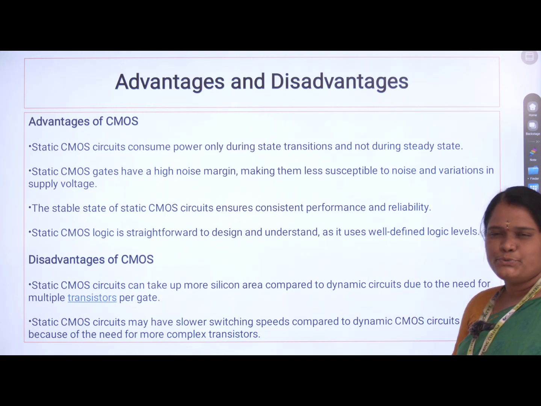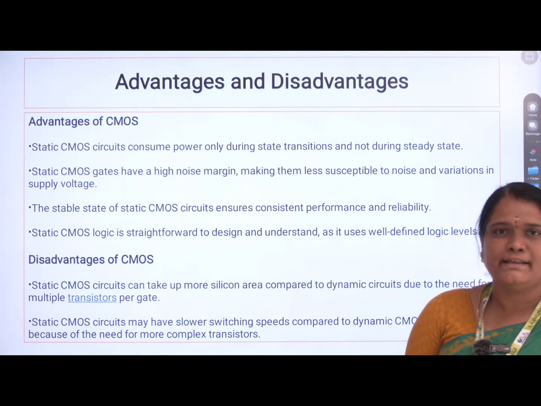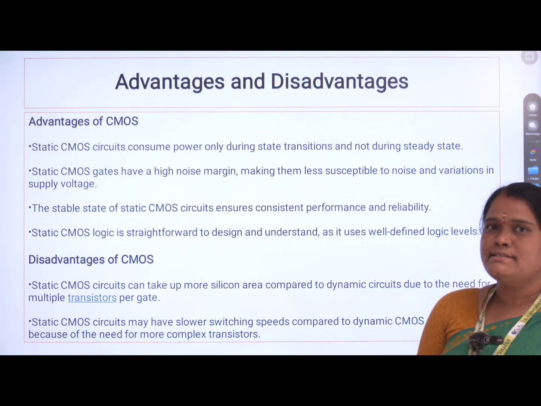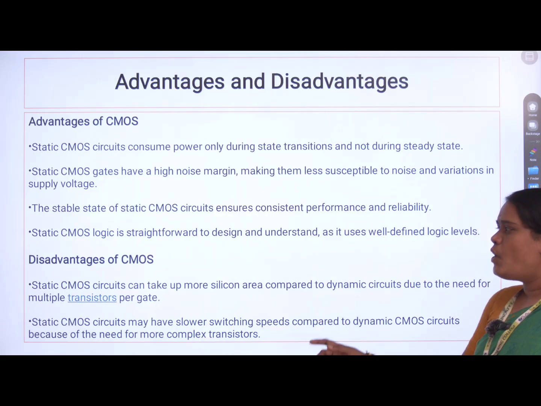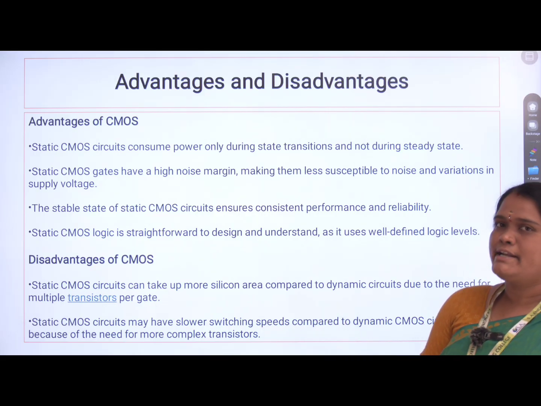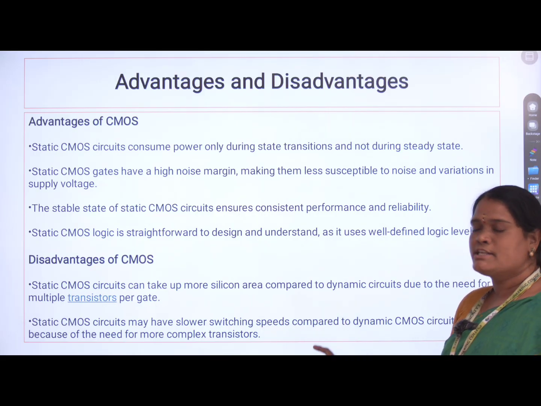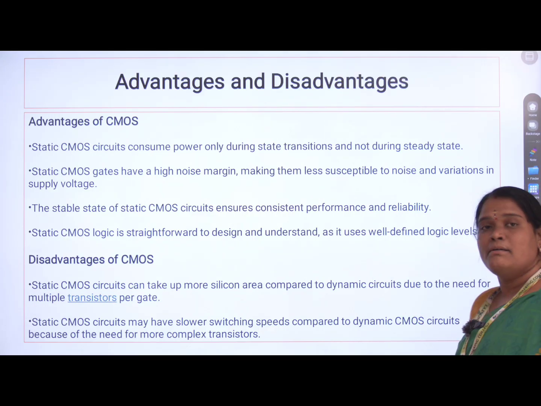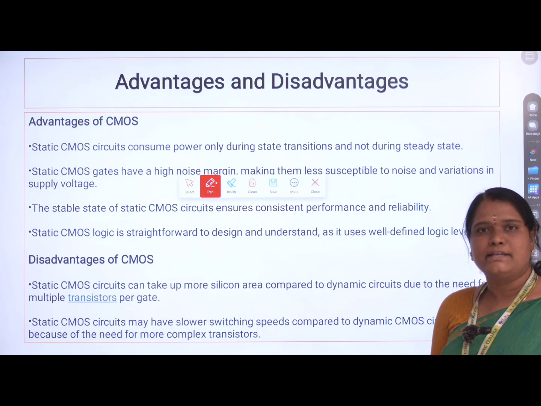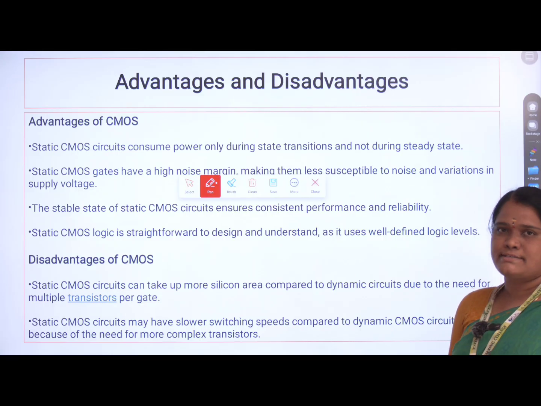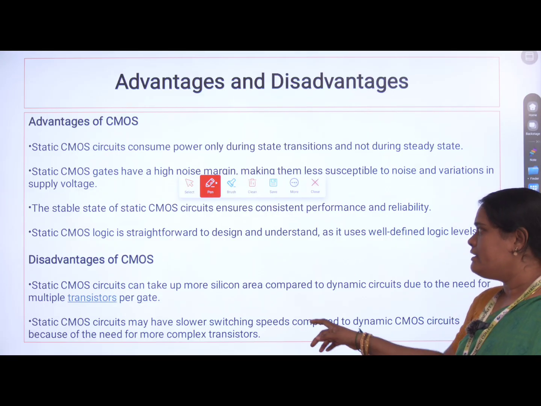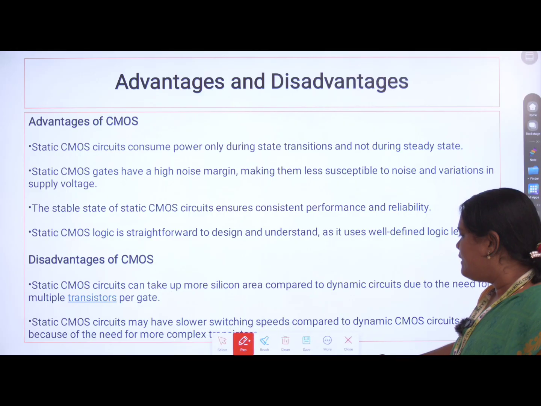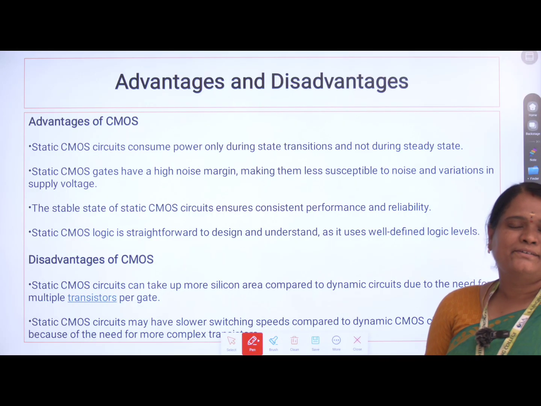Next, the only two drawbacks of designing logic gates using CMOS: it increases the transistor count, because static CMOS requires 2N transistors for its design. In the case of dynamic CMOS, it requires N plus 2 transistors, so comparatively static requires a high transistor count.